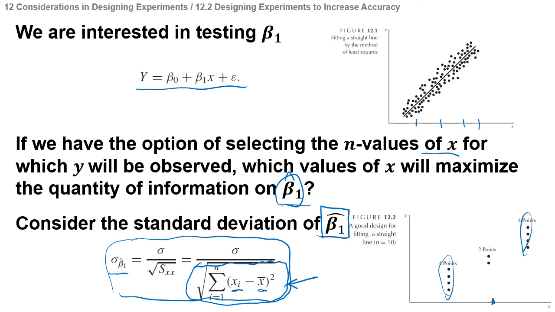Also, since we need to fit the linear model, we have a small number of points in the middle, but we would like to put a larger number of points at the edges, so that we maximize this part. So one good design for fitting a straight line, if we only have n equals 10 observations, would be something like this.